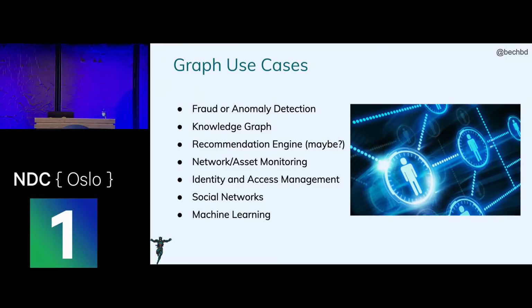The second use case that we see a lot of is knowledge graphs. Knowledge graphs is kind of a loaded term. There's been a variety of different ones out there, but they fall into two buckets that I think of as an old school knowledge graph and a new school knowledge graph. The old school knowledge graph has been around for quite a while, and it's all about building out a semantic understanding of a domain.